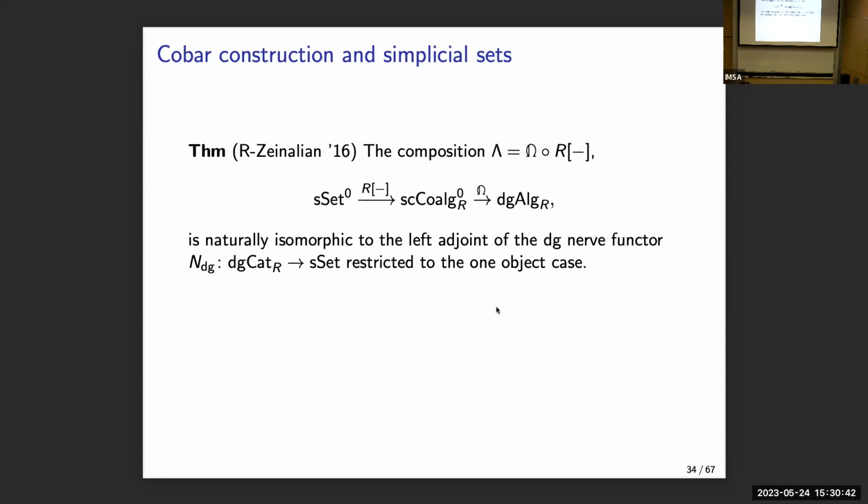So the differential graded nerve functor is a homotopy coherent version of the nerve that takes a category, but now enriched over chain complexes. That's called a DG category, and produces a simplicial set. A DG category with one object is a DG algebra.